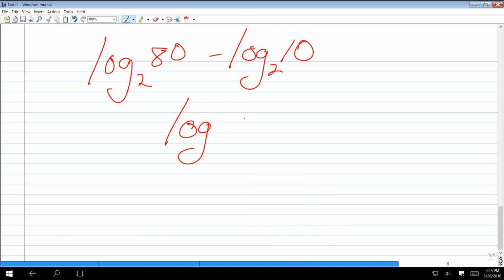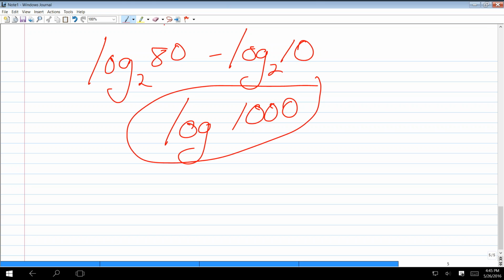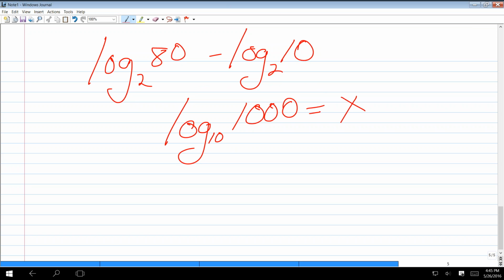What is the common log of 1,000? What's that equal to? Well, I want you to figure out what that's going to be equal to. 3. Exactly. In other words, the base is 10. I'm going to say, let's let it equal x.